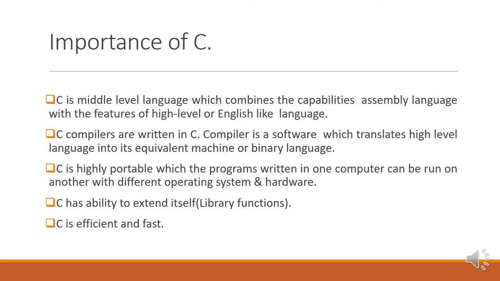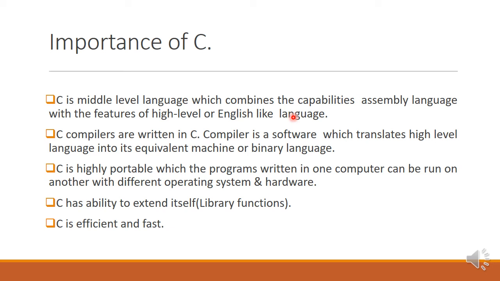Let us continue with the importance of the C language. C is a mid-level language. Why is it called a middle level language? Because it combines the capabilities of assembly language with the features of high level language, or English-like language. In the first slide we studied the types of languages.